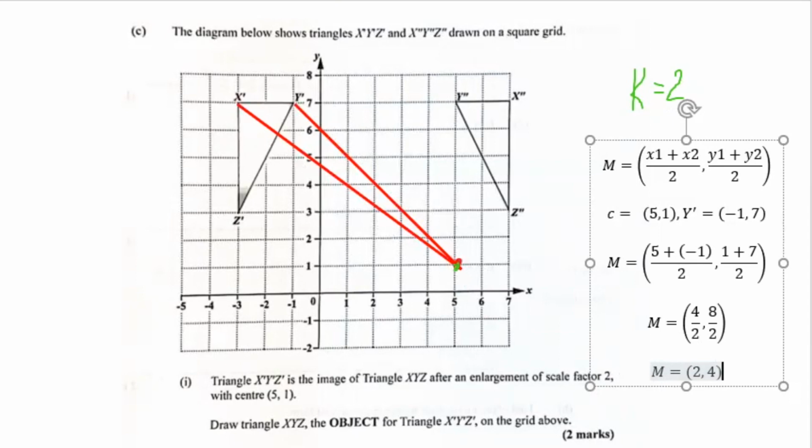So I'm just getting my pen. Let's use a different color. So it would be 2, 4. So it would be right here, which is the midpoint, the halfway mark from y prime to the center.